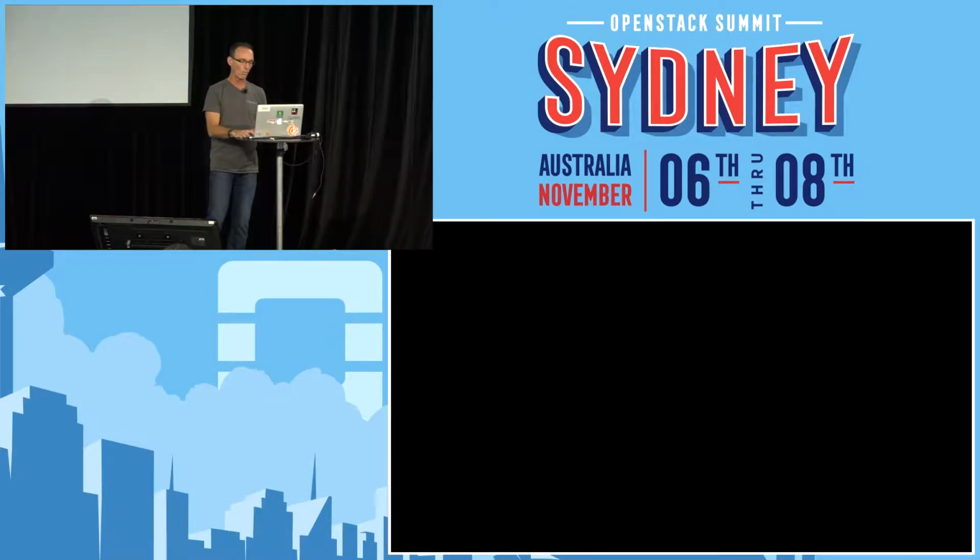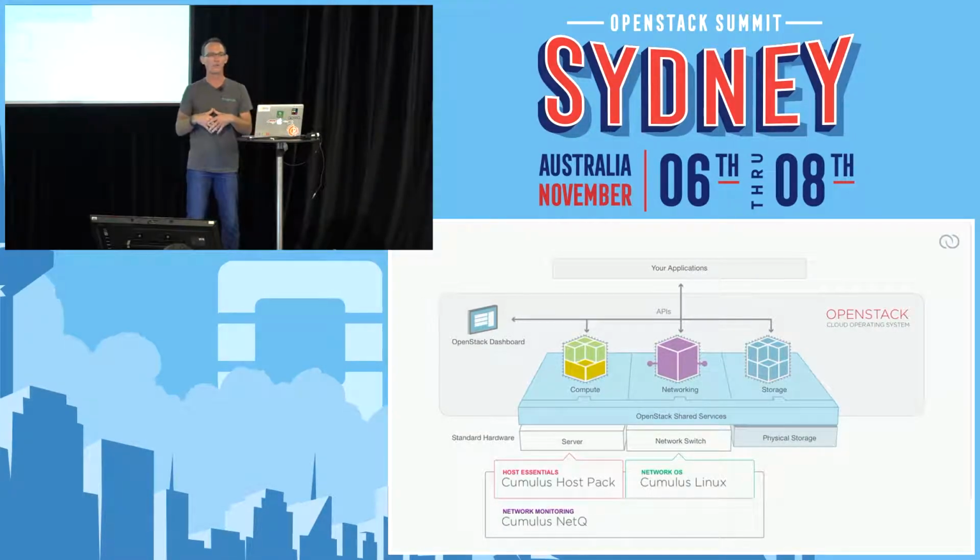And just to give you a sense of what we do, when you look at OpenStack, obviously you're using it to deploy virtual machines over a virtualized cloud infrastructure. Inevitably, you need hardware to make that work, right? You need servers that run OpenStack. You need networking equipment to connect your OpenStack instances together. So we provide a network operating system that runs on bare metal switches to provide kind of an underlay fabric for OpenStack.